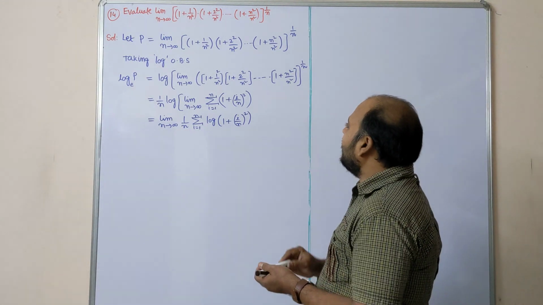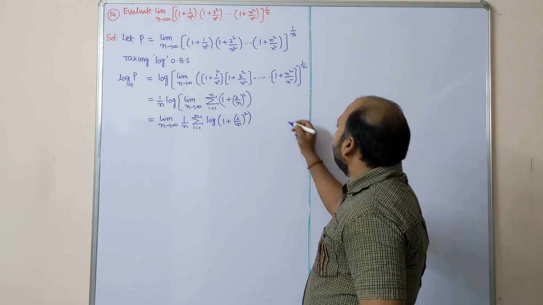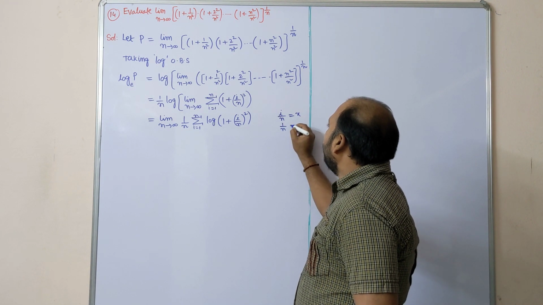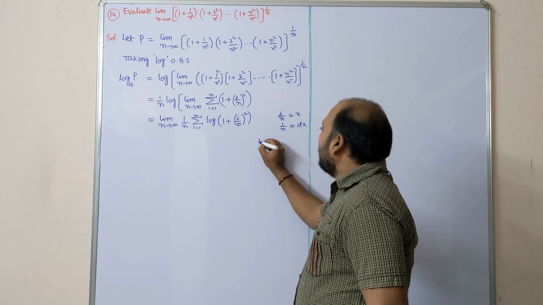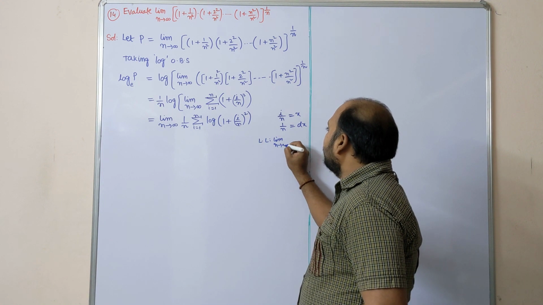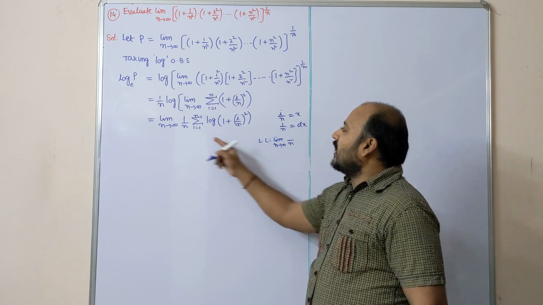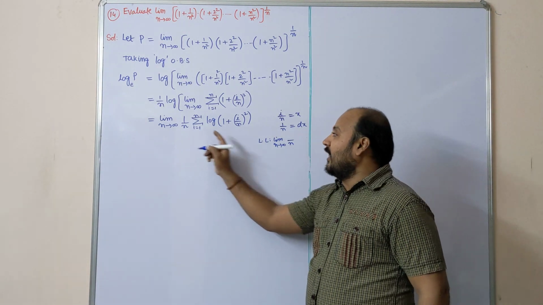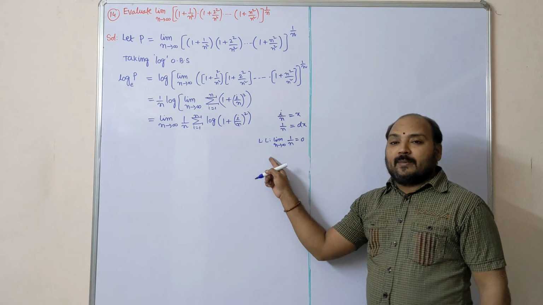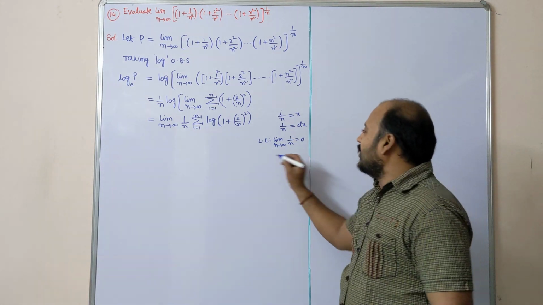After that we know the procedure: wherever i by n is there, what we have to write? x. 1 by n is there, dx. Finding lower limit and upper limit. Limit n tends to infinity, lower limit is initial value of i, 1, total values of n is 1, 1, 2. Limit n tends to infinity, 1 by n value goes to 0.